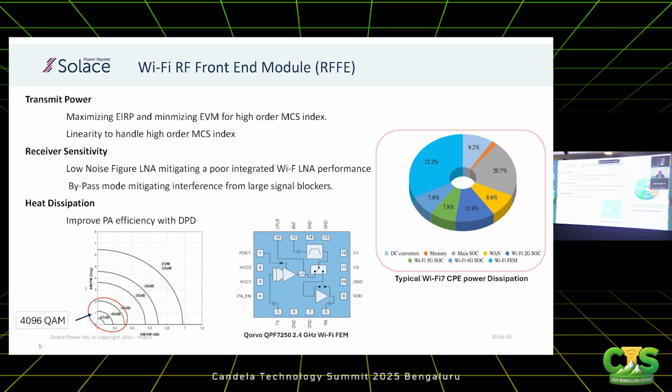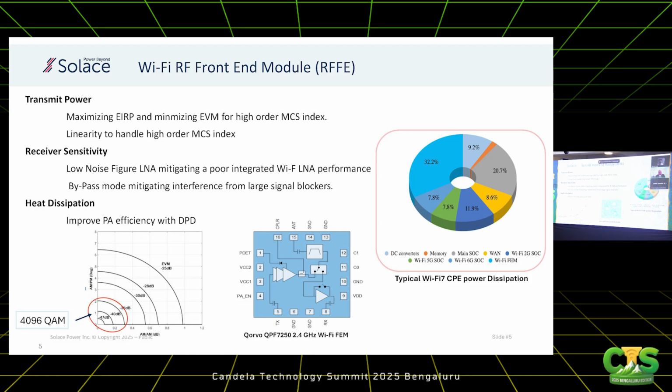You can see an example here from Qorvo, which is a 2.4 gigahertz RF front end, and it integrates a lot of components. It integrates a PA, a low noise amplifier, switches, a coupler, and sometimes a BAW filter.